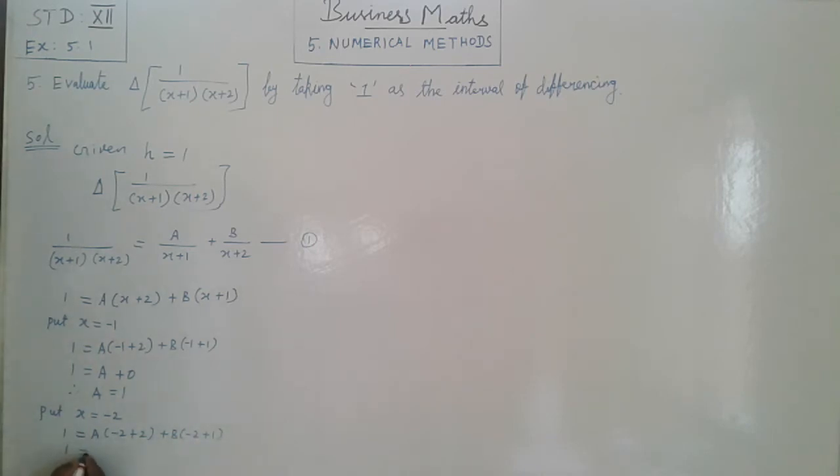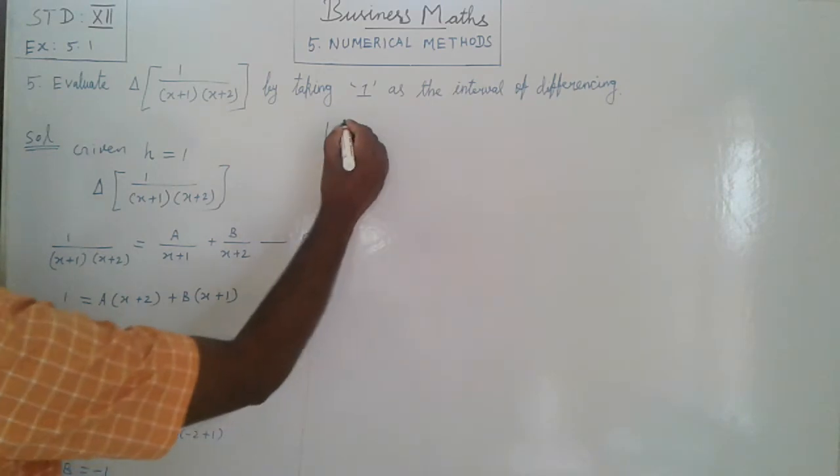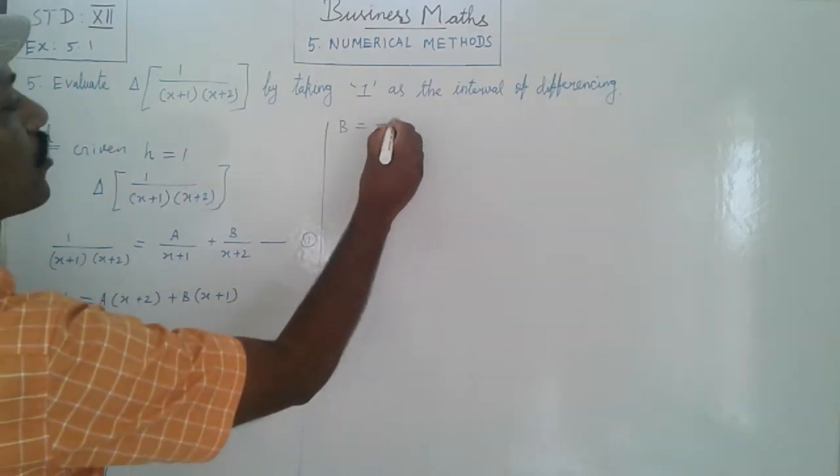So 1 equal to 0 into a, which is 0, plus minus 1 into b, which is minus b. Therefore b equal to minus 1.